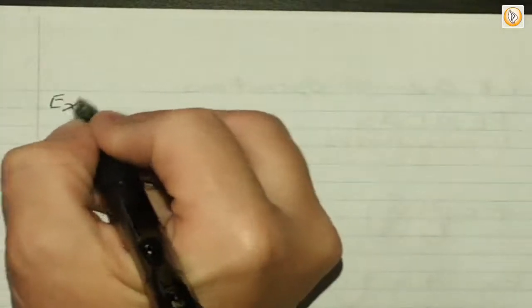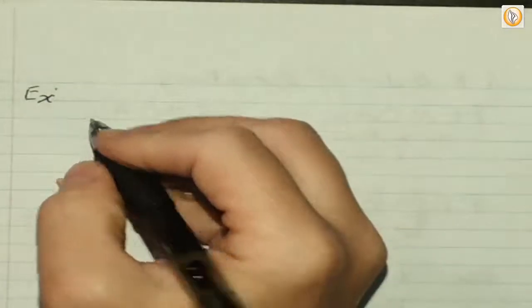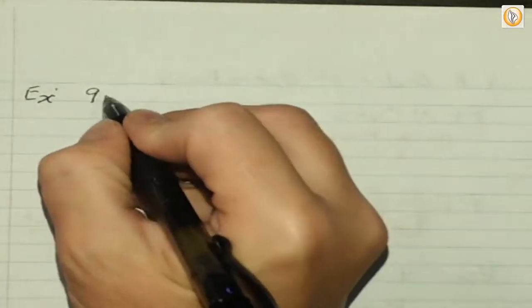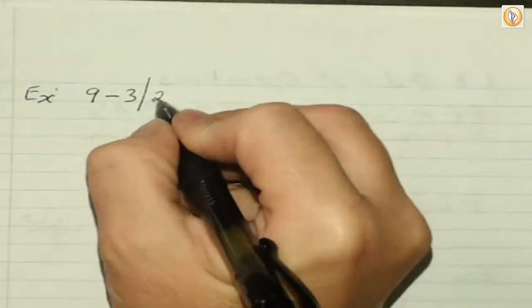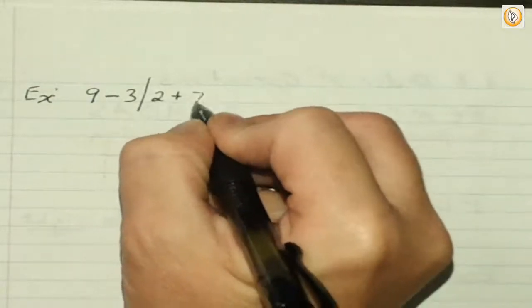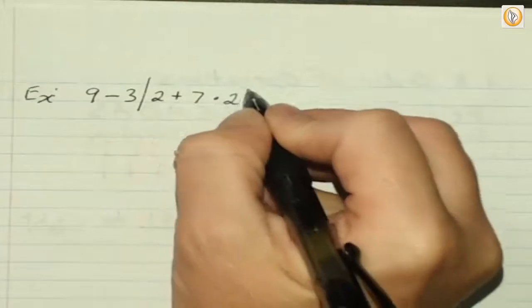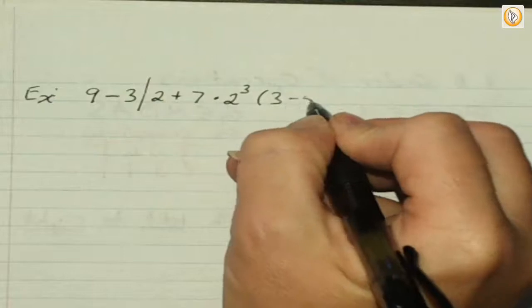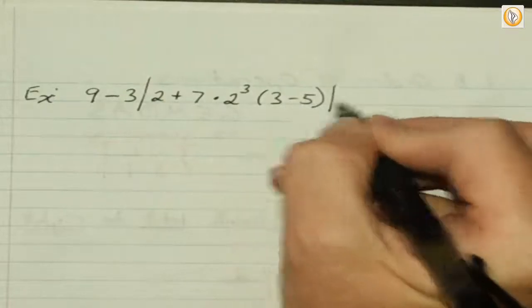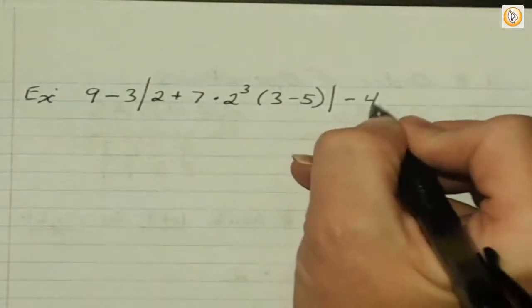All right, here we go. Nine minus the absolute value of 3, then 2 plus 7 times 2 cubed times 3 minus 5, end absolute value, minus 4.